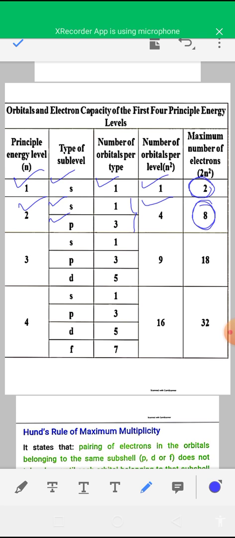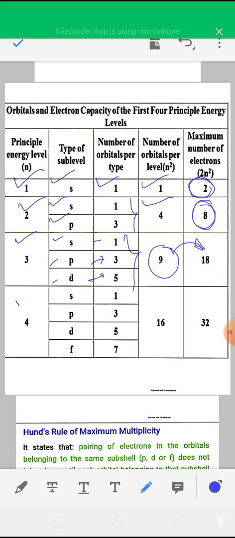And in the third energy level, 3s, 3p, 3d subshells are possible, and you know the s subshell has only one s orbital, the p subshell has 3 orbitals, and the d subshell has 5 orbitals. So in the third shell there are a total of 9 orbitals, and 9 orbitals can accommodate 9 into 2, that is 18 electrons.